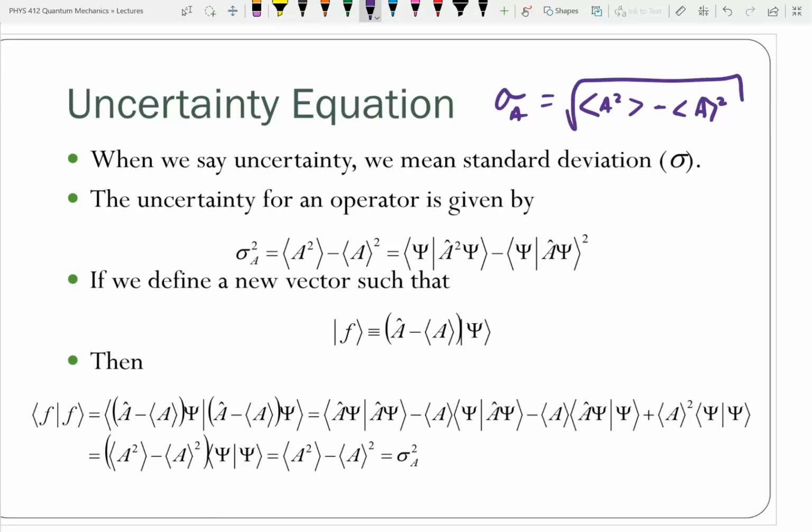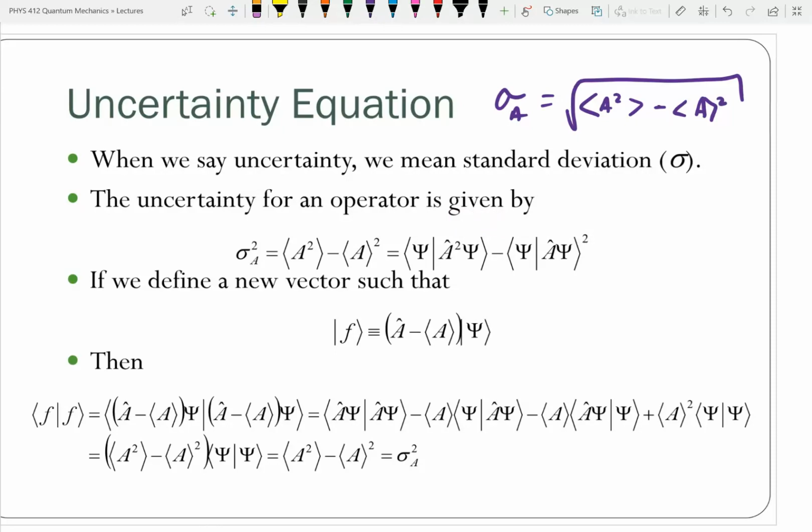Now notice it's just squared on both sides, so it's the same equation. And then it's expanded out using the bracket, the Dirac notation. I actually always prefer to write it like this, but I think that's the way the textbook did, so I wrote it consistent with the textbook. It's six of one, half a dozen of the other.